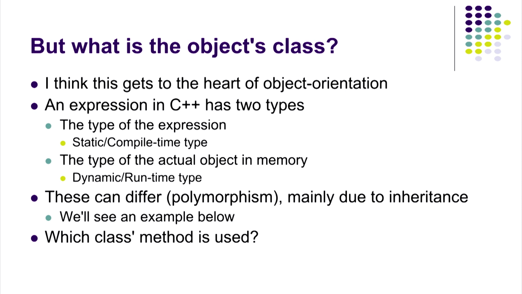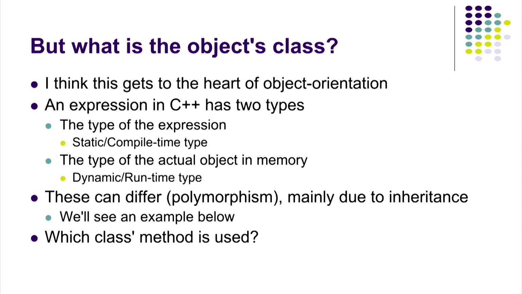So there was something I kind of slipped under the rug, though, in what I just said. We said it's the object's class that decides how the object performs operations. But what is the object's class? And I think this is what gets to the heart of object orientation, because any expression in C++ has 2 different types.